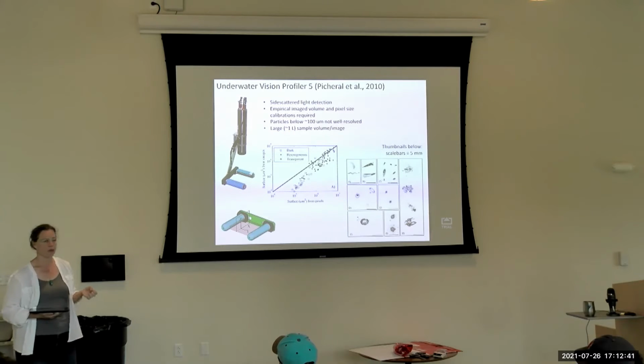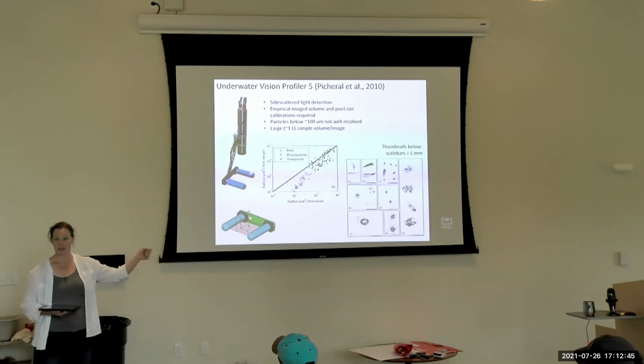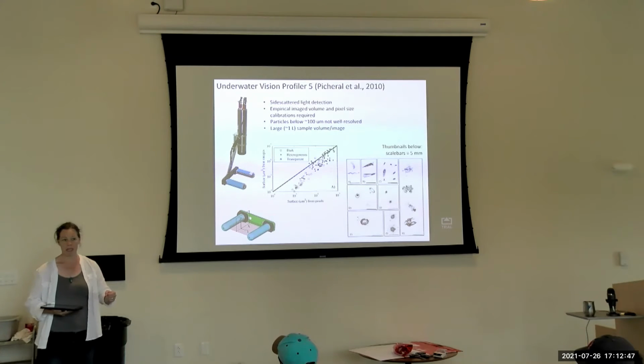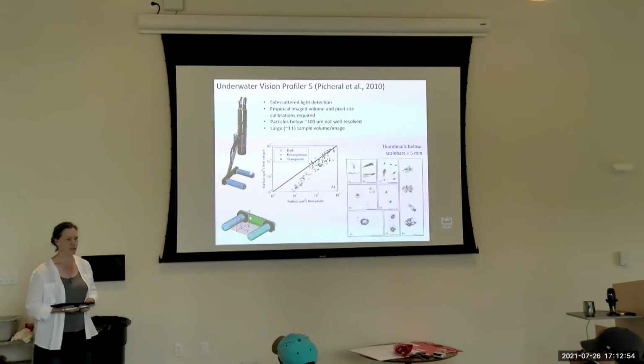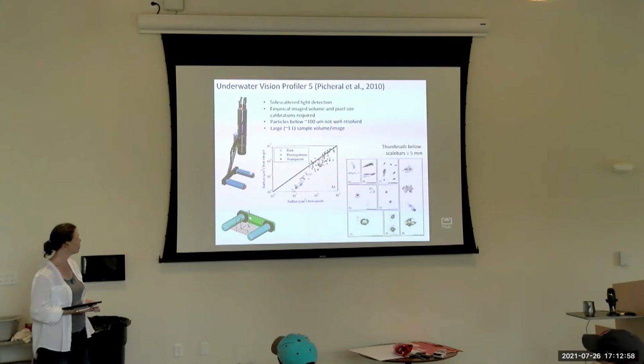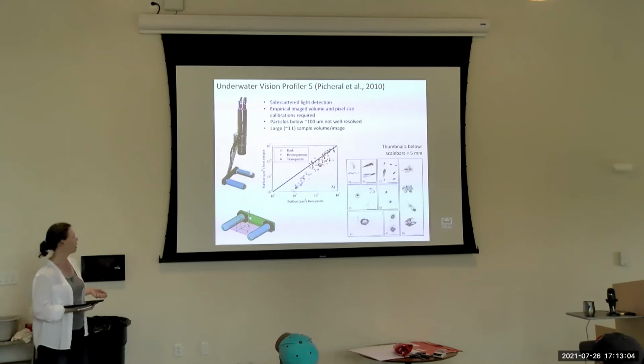They use standardized particles in the laboratory, measure them under the microscope, and then measure them in the UVP to come up with a calibration curve like that shown here. And then there's a standard UVP that all the other UVPs are standardized against. So it's more empirical, and the particles that can be resolved are much larger, given the pixel size you get out of this.